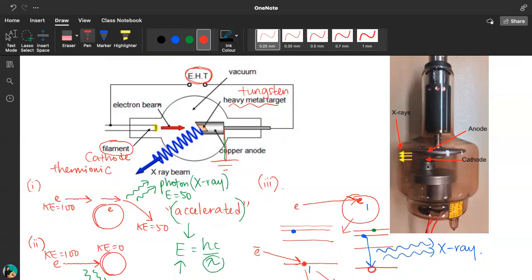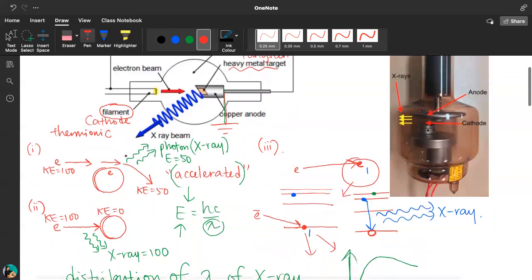Now see, the filament and the extra high tension. Let's say I increase the current at the filament. How does it change the production of the X-ray? If I increase the filament current, that means in a short period of time it will heat up more, and then it will produce more electrons in the same amount of time.